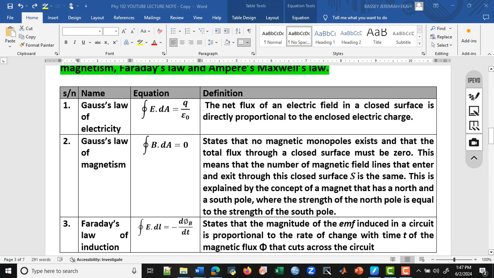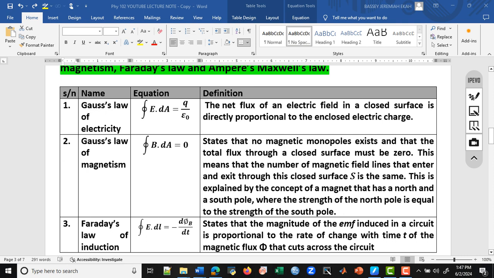The Gauss law of electricity states that the net flux of an electric field in a closed surface is directly proportional to the enclosed electric charge. You can see the mathematical expression here.